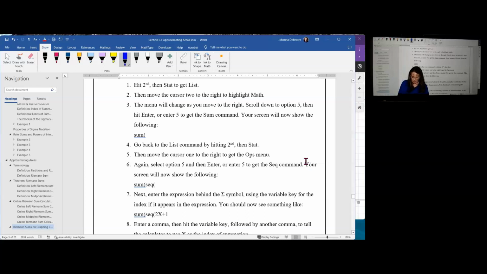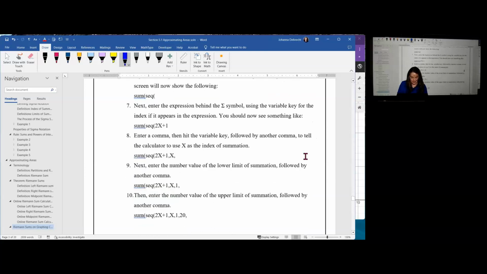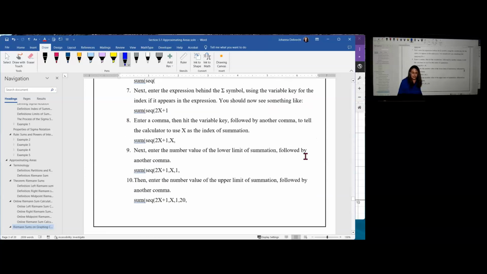Next, unbelievably, but in fact, you have to tell the calculator what the variable is. Enter a comma and then press the variable X button. Then another comma to indicate the lower index or lower limit of summation. I put in a 1. Then you enter the number of the upper limit of summation, and I entered 20.